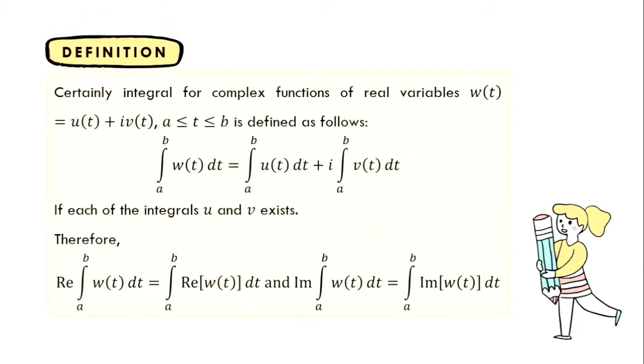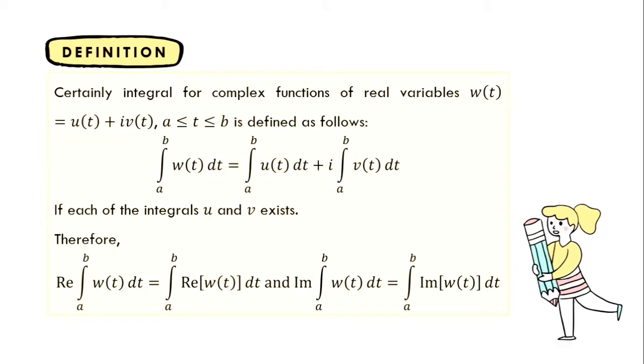So, this is a definition. The integral for a complex function of a real variable w(t) equals u(t) plus i v(t), a less than or equal to t less than or equal to b, is defined as follows. The integral of w(t) dt from a to b equals the integral of u(t) dt from a to b plus i times the integral of v(t) dt from a to b, if each of the integrals of u and v exists.